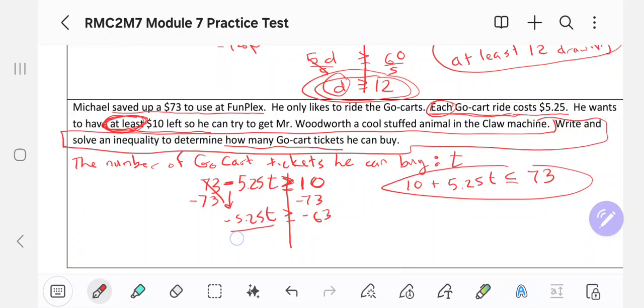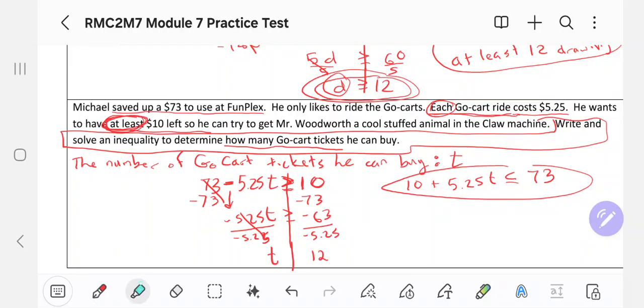And then if I divide by negative 5.25 and divide by negative 5.25, I get t over here. And then when I divide here, I get 12.